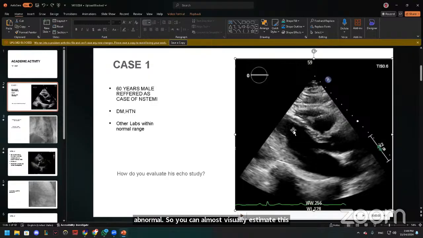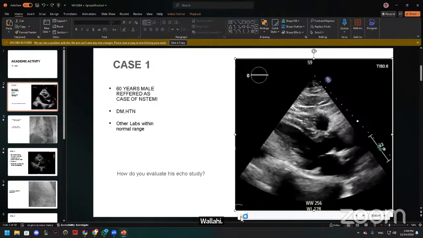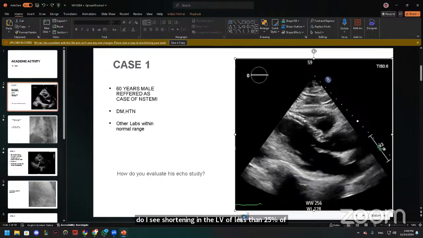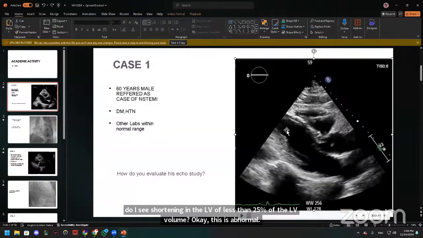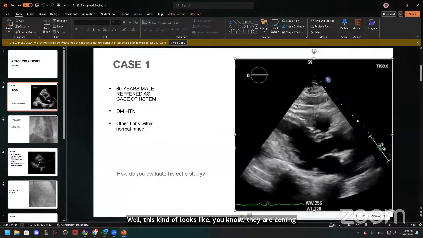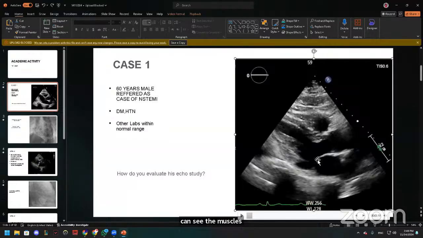Do I see shortening in the LV of less than 25% of the LV volume? Okay, this is abnormal. Or this looks like they are coming together. I can see the muscles also thickening. This looks normal. Another thing that you can look at is the movement of the anterior mitral valve leaflet. This is something called E-point septal separation.